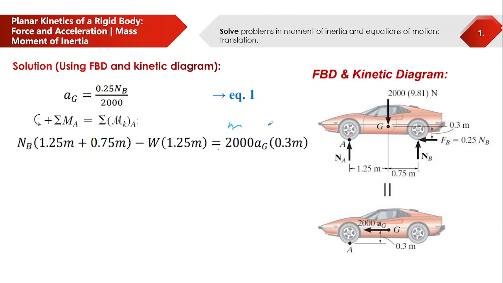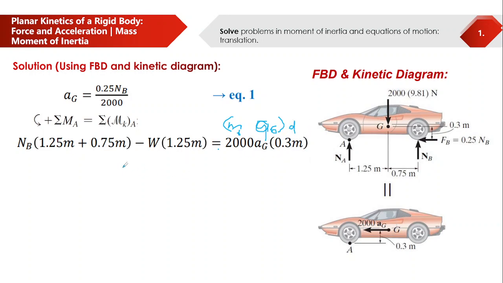This is your mass times a sub g, times the moment arm or the distance away from the point of the moment. So, G to A. Then your mass is 2000 kilograms. Your acceleration is unknown, a sub g, and then the moment arm is 0.3 meters.